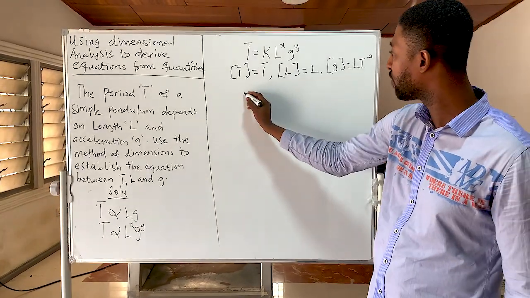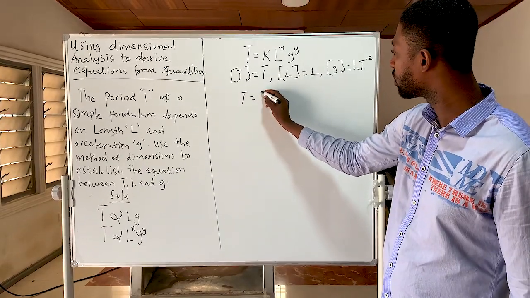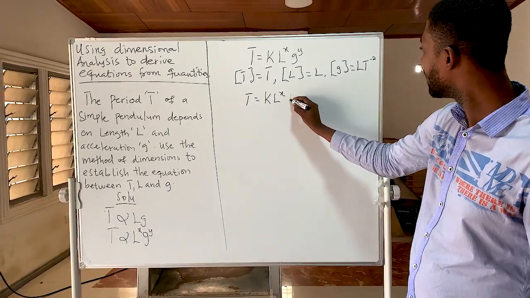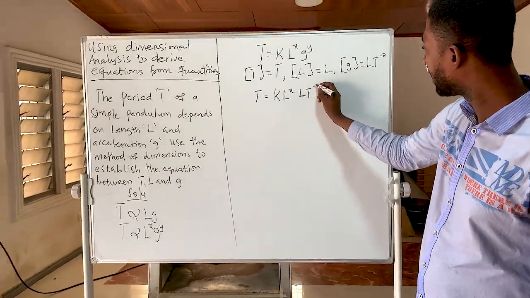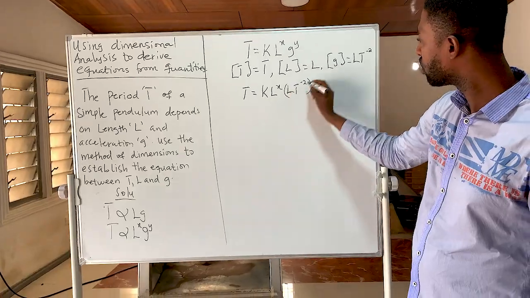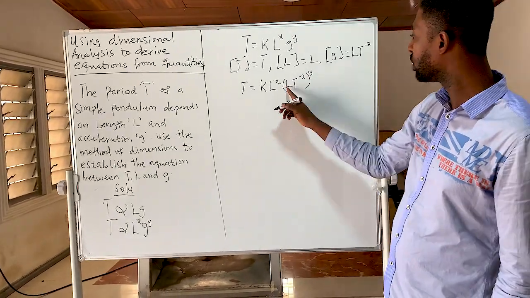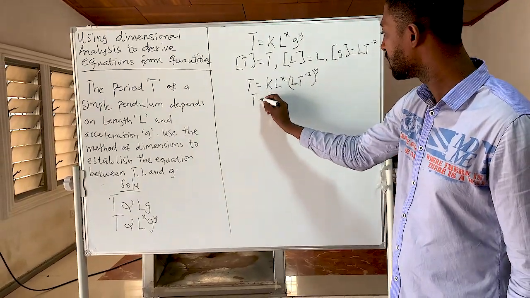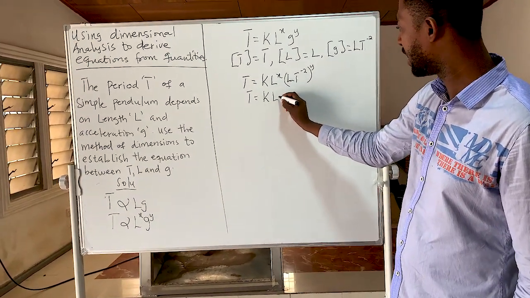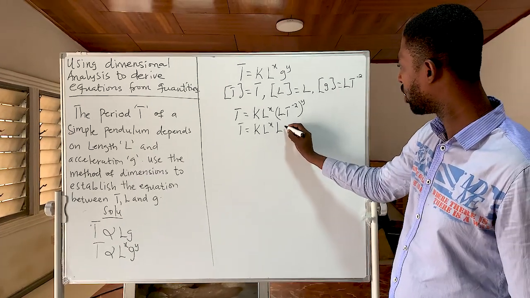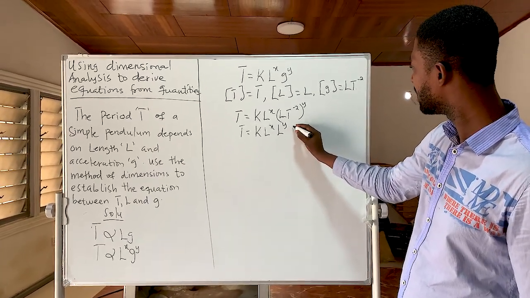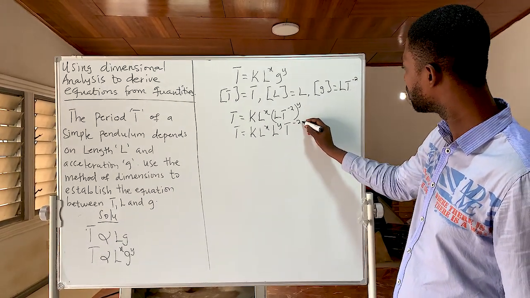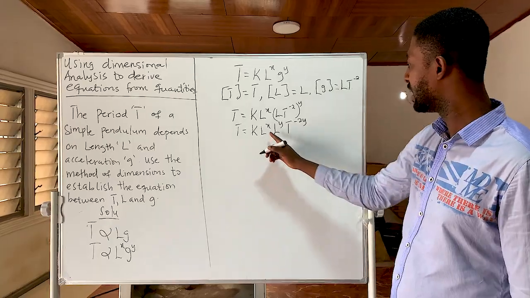So here we have T equal to k L^x (LT^-2)^y. The y is going to multiply the powers in this term, so T equals k L^x L^y T^-2y.